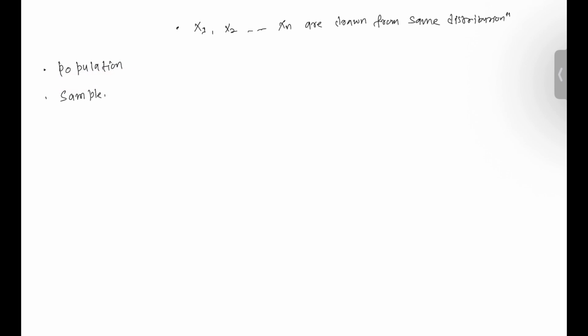Let me first of all take an example. When we say the word population, the very first thing that comes to mind is people, like the population of the country or the population of the world. But in statistics, population means any full collection of items that you are interested in or analyzing.